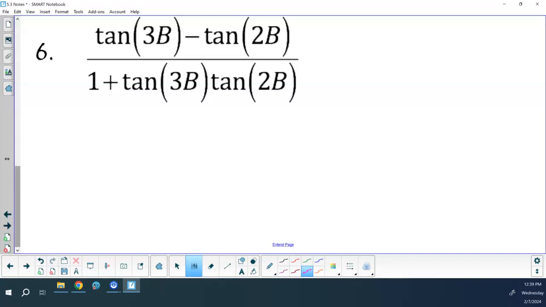Tangent of 3b minus tangent of 2b, all divided by 1 plus the tangent of 3b times the tangent of 2b. Am I dealing with the sum or difference of sine, cosine, or tangent? Tangent. Is it a sum or is it a difference?